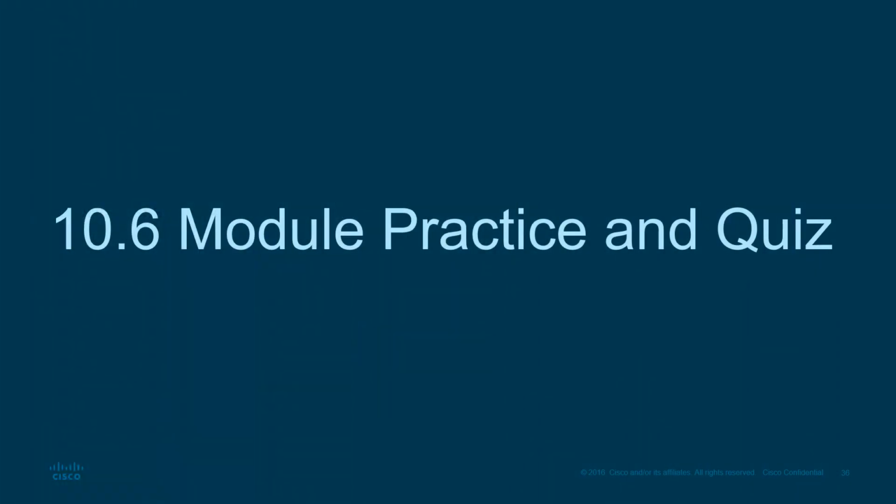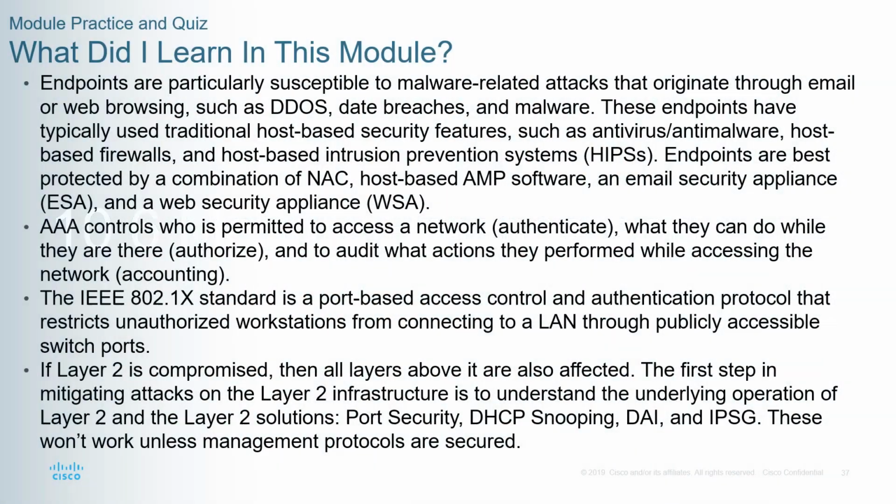So that is all we had for this chapter. A lot of content, but the nice thing is this was more of an overview of some of the things that we've discussed in previous modules. So we looked at our NIPS, we looked at our HIPS, we looked at our web and email security appliances, we looked at the 802.1X standard a little bit more, we looked at layer 2 attacks, things like port security, DHCP snooping, dynamic ARP inspection, IPSG.